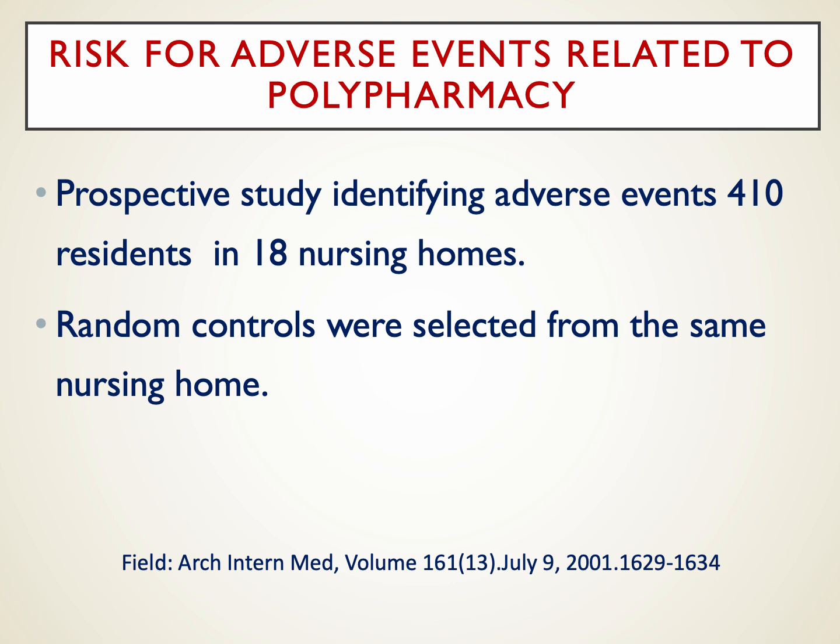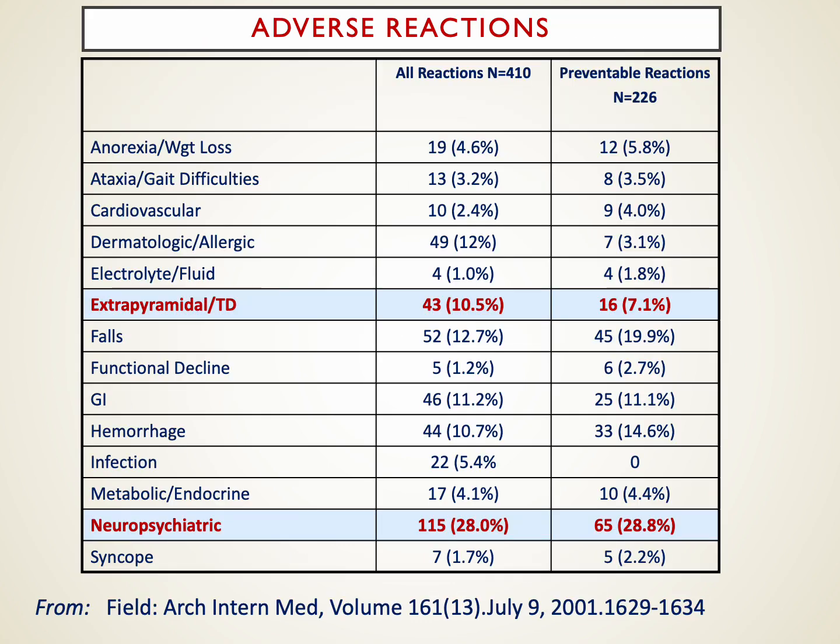There are lots of studies that have looked at the more meds on board, the riskier that is for patients. Here's one really older study, 20 years old, but it rings pretty true. They looked at this population and they looked at the nature of who had adverse reactions and preventable adverse reactions, and there was a clear correlation with the types of adverse reactions that happen with meds and the number of meds patients were on.